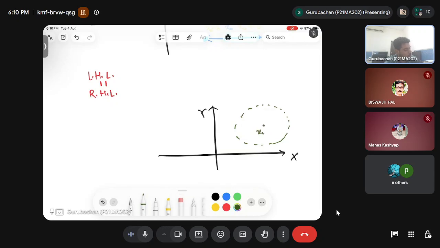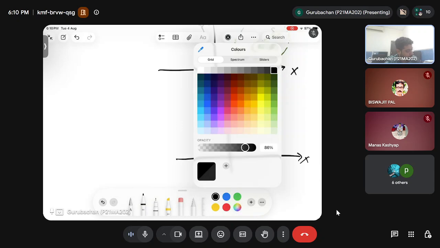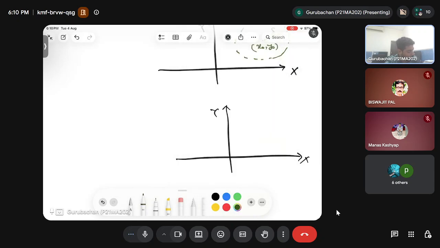This is your x naught, y naught, and this distance is your delta. Then we will write the precise definition of this limit in the two variable case. Another possibility is another way to write this neighborhood: we consider this point x naught, y naught, and this will be some square.